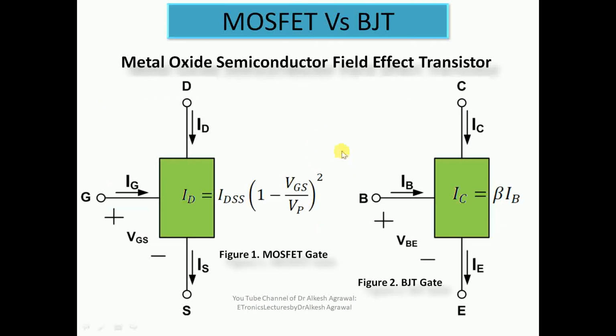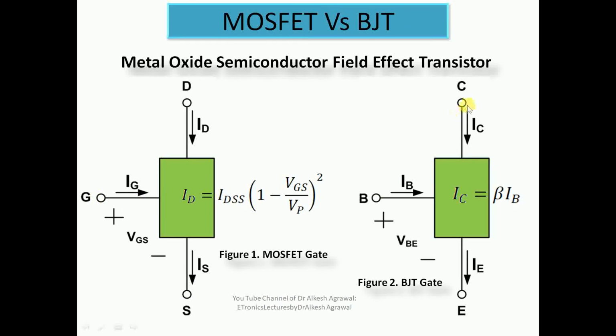So here the slide shows the differentiation between a MOSFET and a BJT in terms of the terminals and the current that flows through the device. If we compare in terms of terminals, in a MOSFET we have drain, gate, and source.